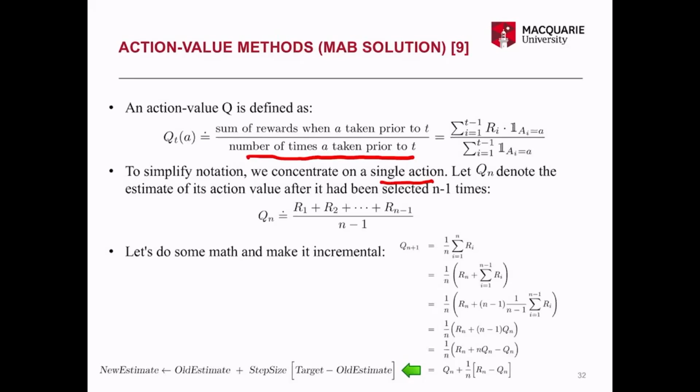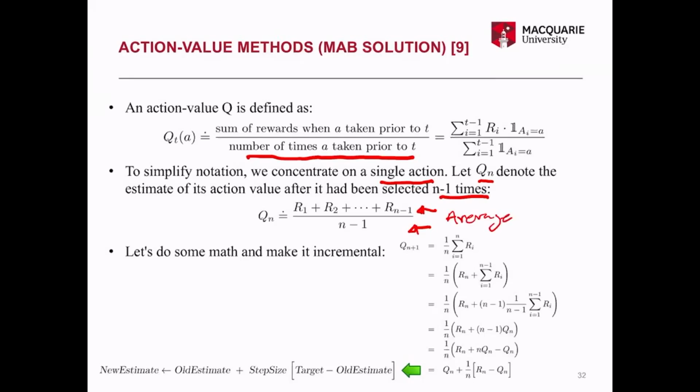So let Q sub n denote the estimate of its action value after it had been selected n minus 1 times. So here's all the reward we got by pulling this lever, and this is the number of times we did that. So this is just a simple average.